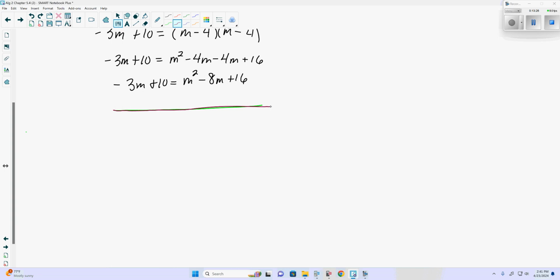So what can we do first? We can move the 3m, but we wouldn't minus it. We would add it. Since the 3m is negative, -3m plus 3m would be 0, leaving us with 10 is equal to m squared minus 5m plus 16. Questions on this here?